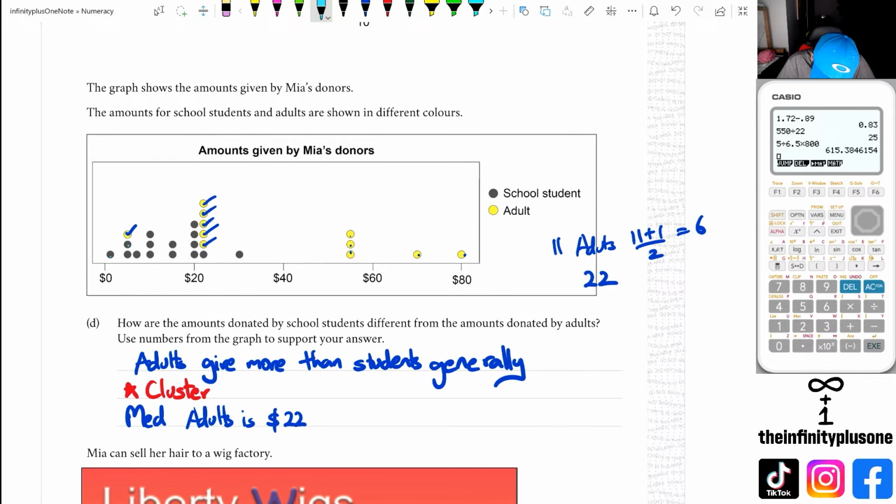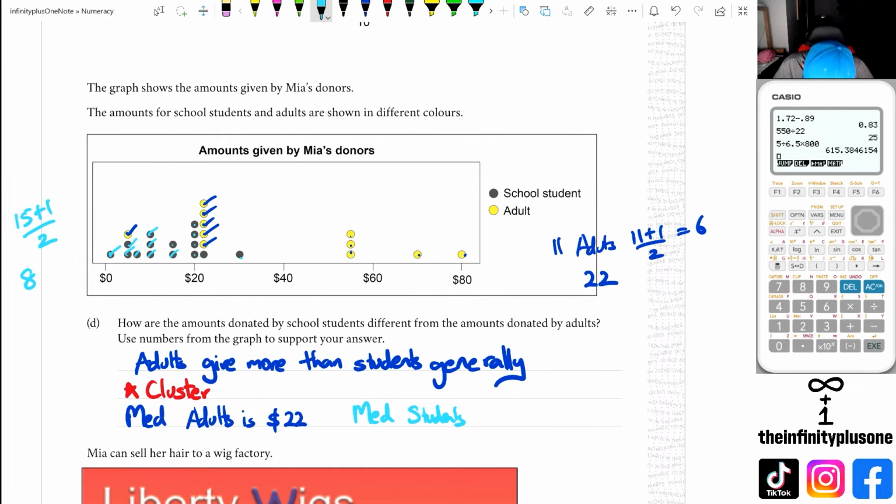So we've got 1, 2, 3, 4, 5, 6, 7, 8, 9, 10, 11, 12, 13, 14, 15. So we've got 15 students. We're going to go 15 plus 1 divided by 2, which is 8. So 1, 2, 3, 4, 5, 6, 7, and 8. So we can see that the median for students is around, have I done this right?